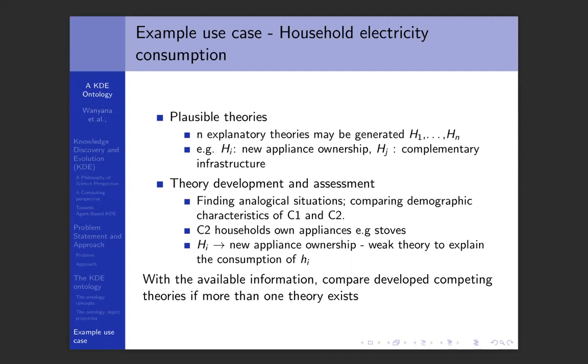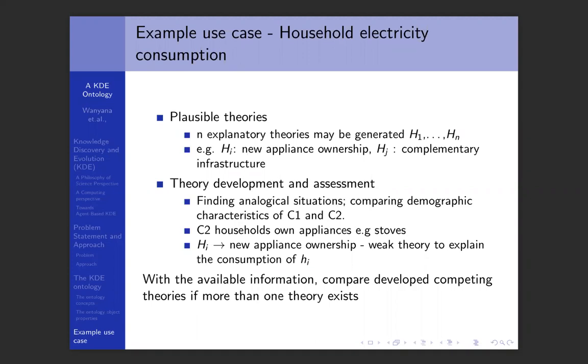So that's where we draw this from. The theory, complementary infrastructure, at this point is dropped because, like I explained earlier, the agent cannot find an analogical situation where this could explain the kind of consumption that we're seeing, because it aligns with cluster 2 households which do not have this as a characteristic.